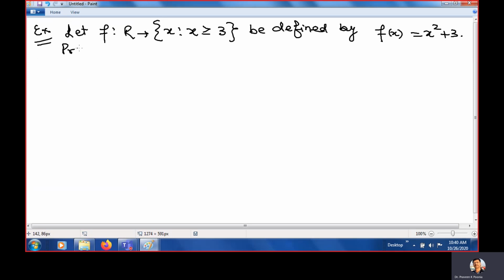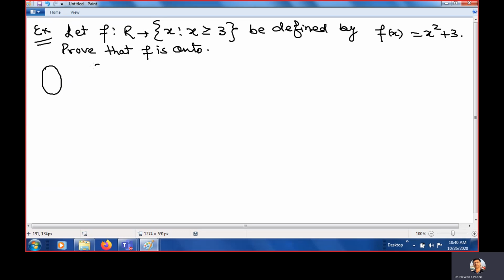Prove that f is onto. Clear? Now in this I will make two diagrams.